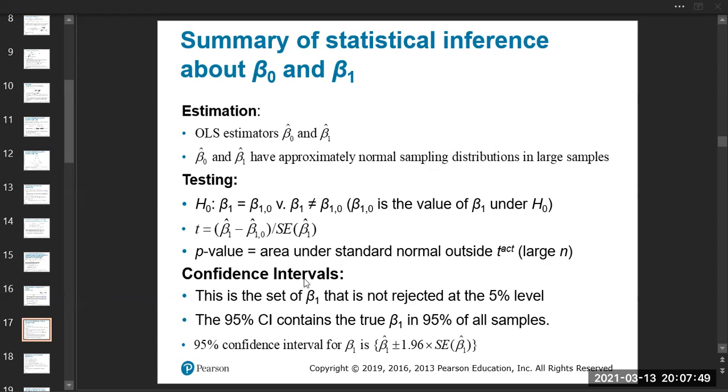And you can use this formula to calculate the confidence interval. It doesn't necessarily have to be only 95% and 5%. Sometimes on Pearson, you are asked to get 90% or 99%. So it depends on the question.